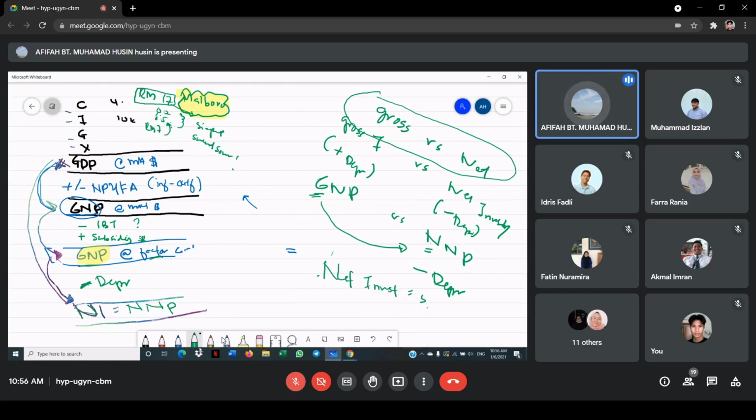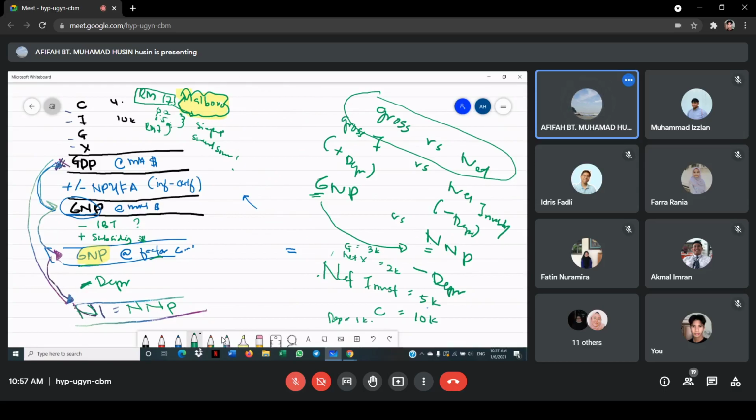Let's say net investment 5K, consumption 10K, net export 2K, government purchase 3K. So what is our GDP, class? Depreciation 1K. So what is our GDP?